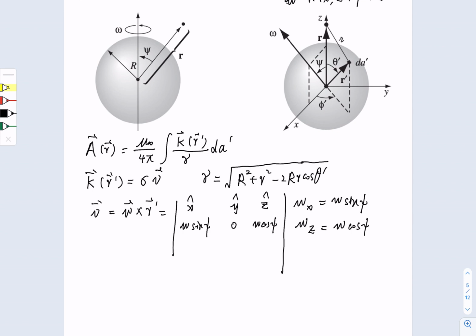The r prime written in spherical coordinates is defined by r prime, theta prime, and phi prime.